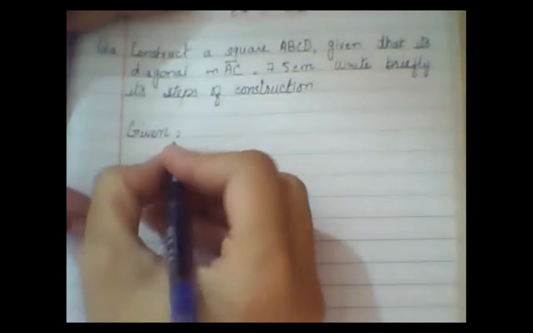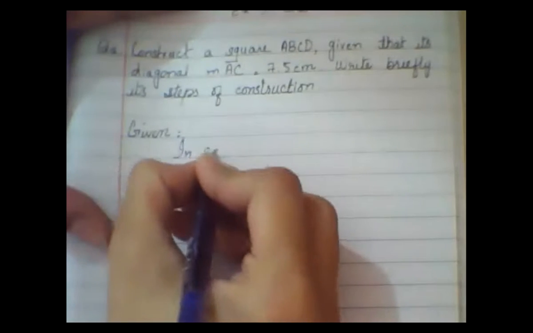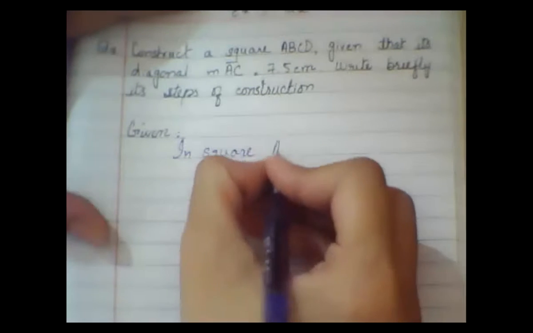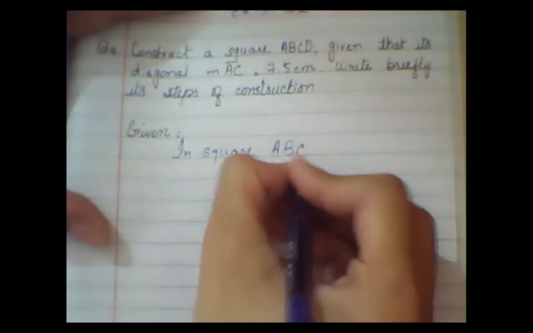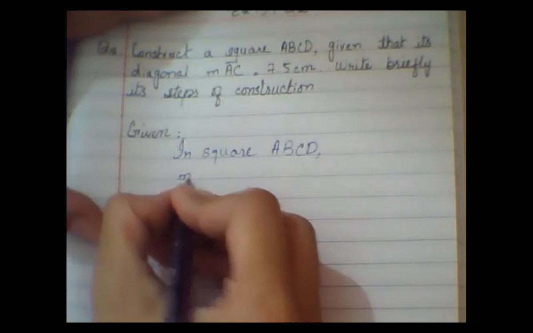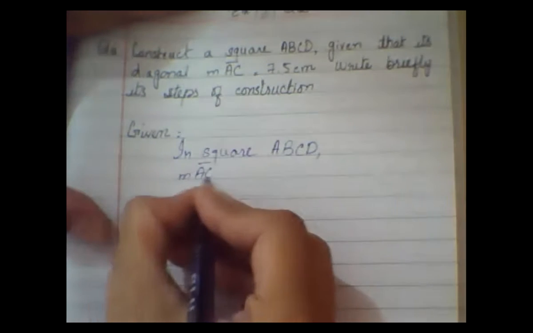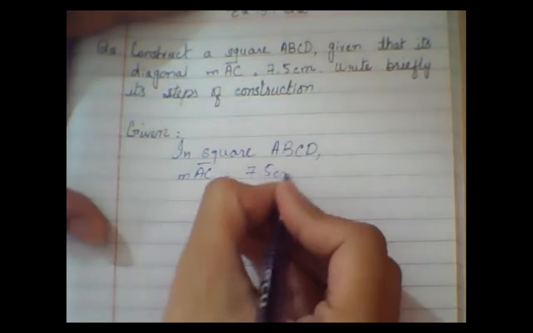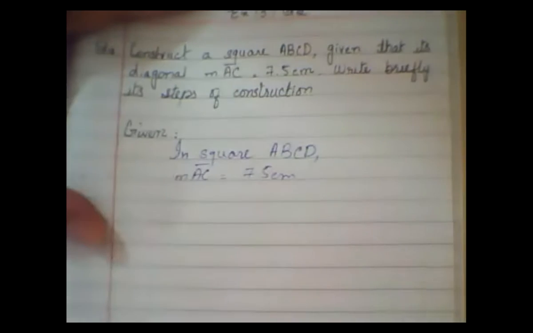It is given that there is a square ABCD. The diagonal is given, that is measurement AC. You can see that opposite vertices are there, it's a diagonal, 7.5 centimeter. Now what is required over here?